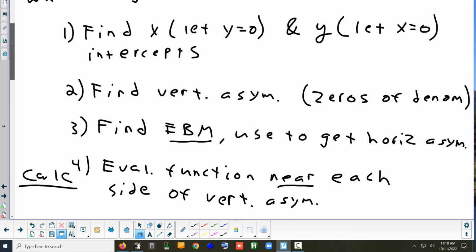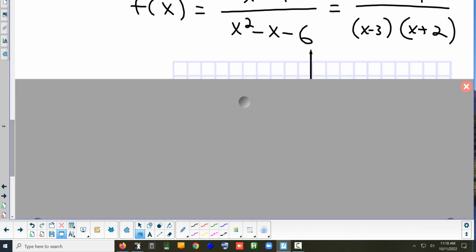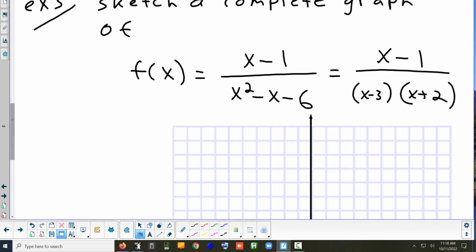All right, let's start with our intercepts. Let's do the y-intercept first. To find the y-intercept, can someone remind me what number do you plug in? Plug in 0 for x. Okay.